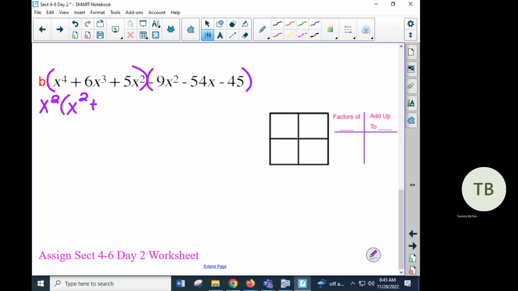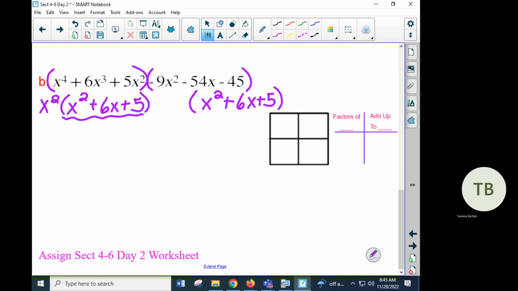X squared times what gives me 6x to the 3rd? That's 6x. X squared times what gives me 5x squared? That's 5. Again, if my first thing in these parentheses is negative, I generally copy this over, as I know those two have to be the same.